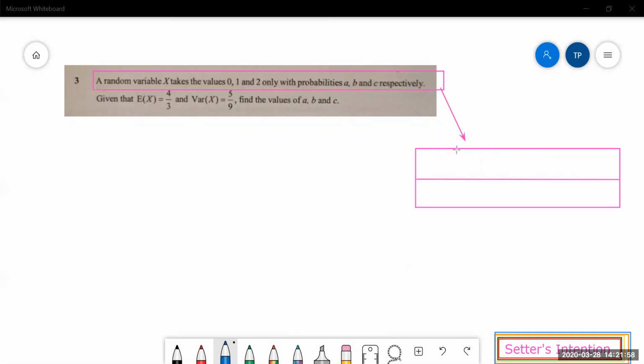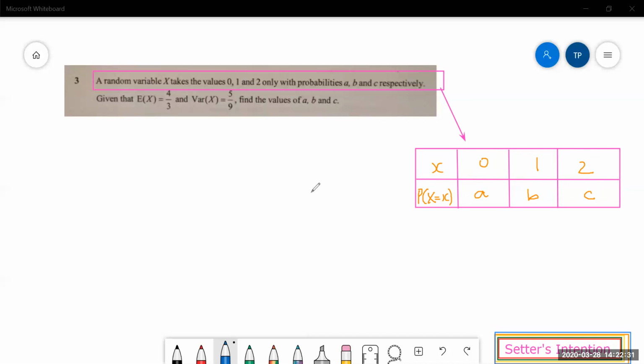Okay, we have 3 values. So we have 0, 1, and 2. We have A, B, and C. Right?